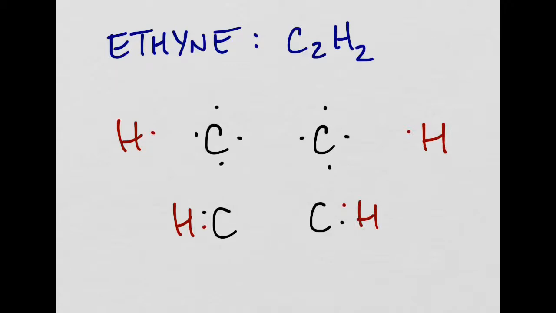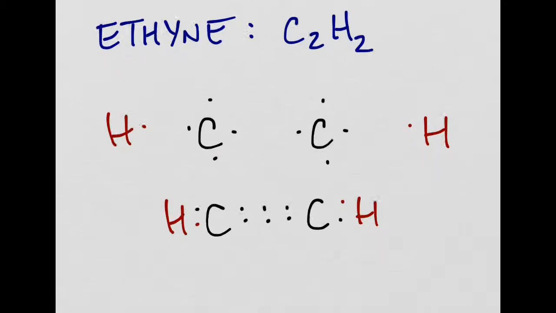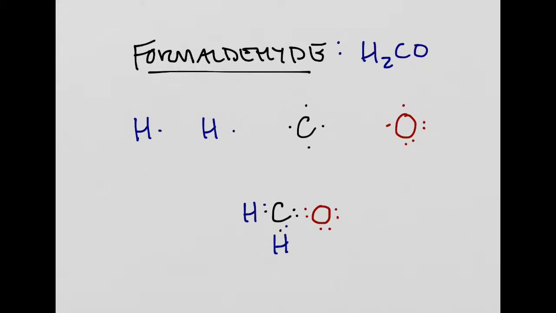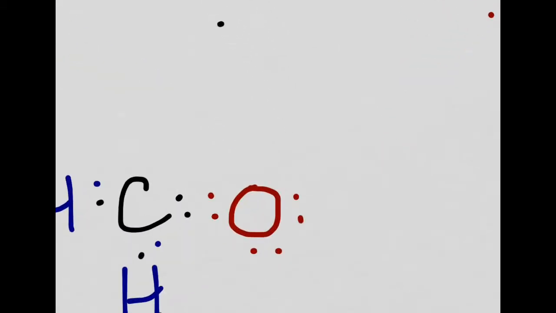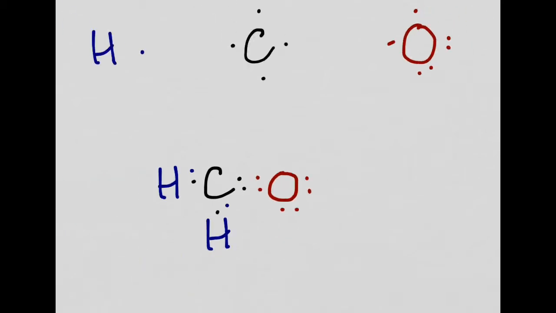And then that still leaves these 6 electrons that need to be paired up. So how do we do that? We do that exactly the way you would think. They're all paired up here between the pair of carbons. So then this is a triple bond, as opposed to the double bond that you see going on right here.